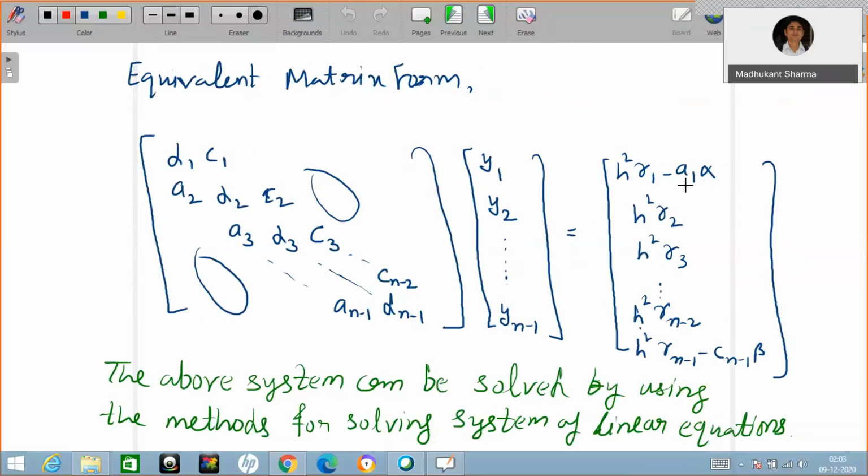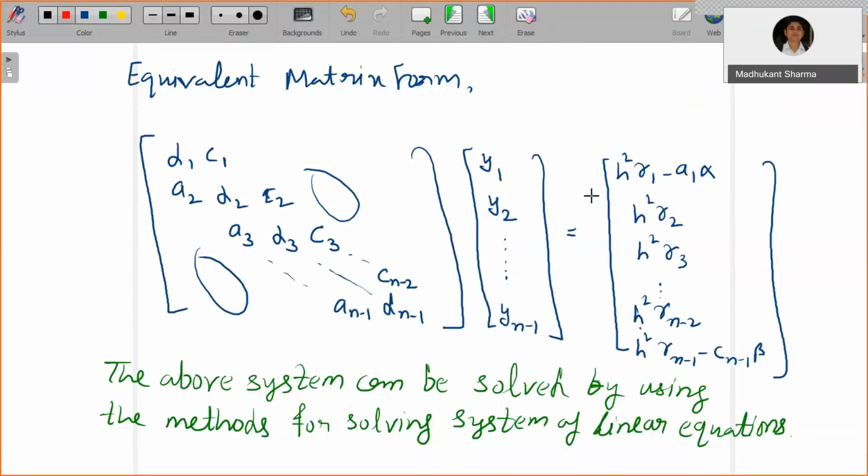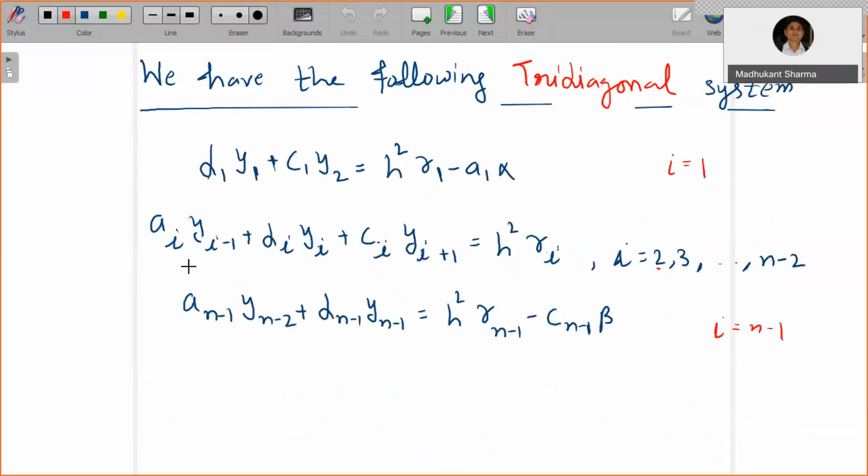The first row on the right is h square r1 minus a1 alpha. Now, if you look at the second, for i equals 2, it is a2 y1, d2 y2, c2 y3 is equal to h square times r2.